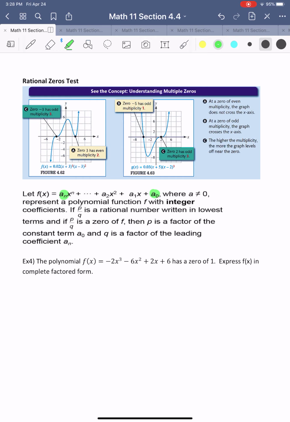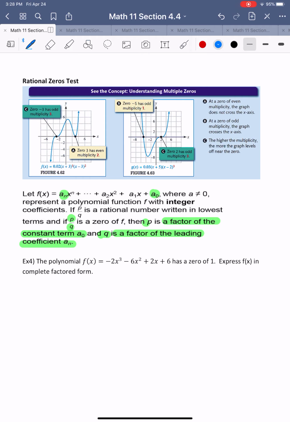So it's a polynomial function f with integer coefficients, and p over q is a rational number written in lowest terms. If p over q is a zero of f, then p is a factor of the constant term a sub 0, and q is a factor of the leading coefficient a sub n, and then you have a possible rational zero. So let's get the possible rational zeros for the problem we have.